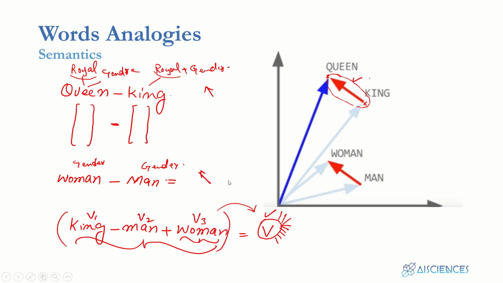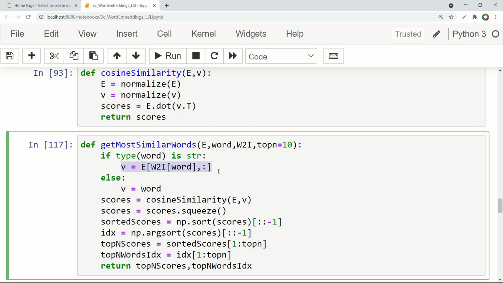But here, we should be able to give it the word in vector form rather than just string form. So a little modification in our function. If the given word is already in string form, then do just as before. Otherwise, if we supplied the word as a vector, then the original v is equal to that. This way, this function get most similar words works for both string inputs and vector inputs.